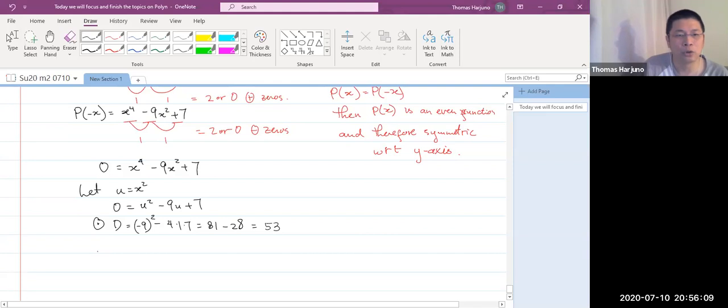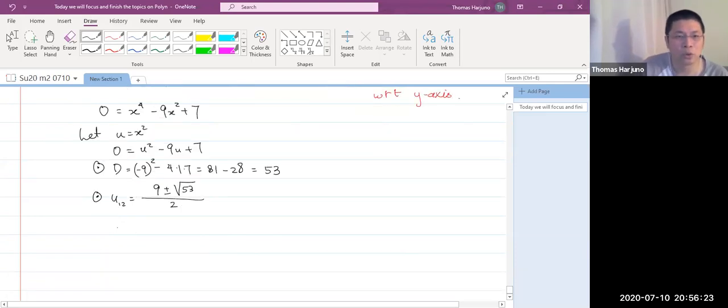Okay, so u1,2 will be negative b plus or minus the square root of 53 over 2 times 1. So u1 equals 9 plus square root of 53 over 2, and u2 is 9 minus square root of 53 over 2.